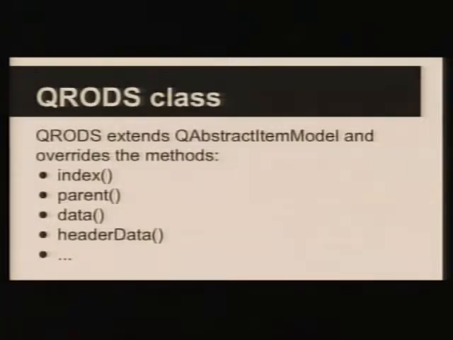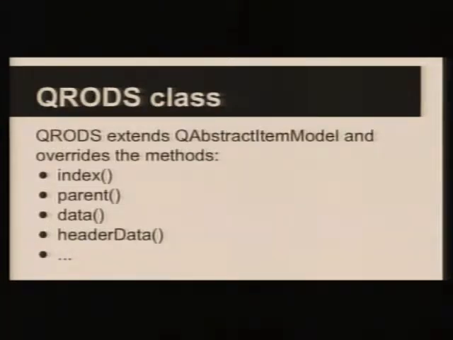And we have the main class of the architecture of our library. We have the QRODS class that extends the QAbstractItemModel. So this class provides access to Qt developers to adopt table views, list views, and tree views.